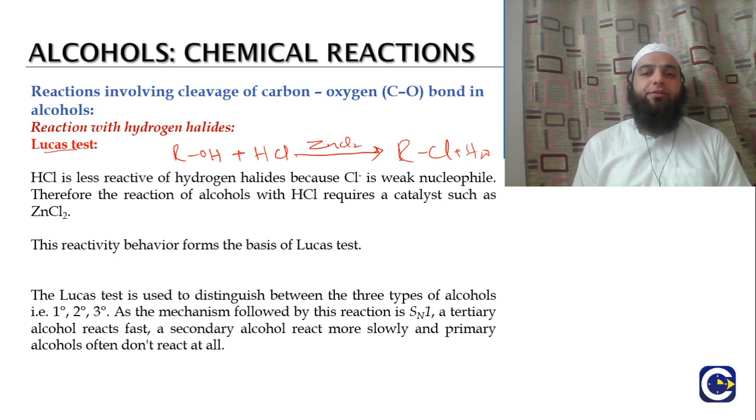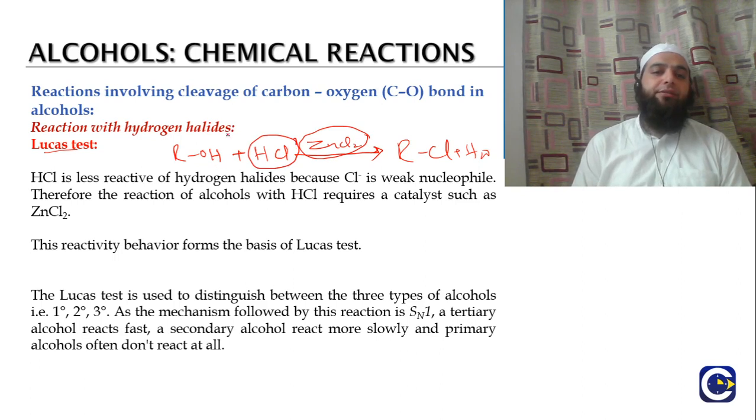So if we are using zinc chloride and HCl as the reagents and react them with the alcohol, we call such a reaction the Lucas test. When HCl is taken in presence of zinc chloride as catalyst, these reagents are called Lucas reagents.